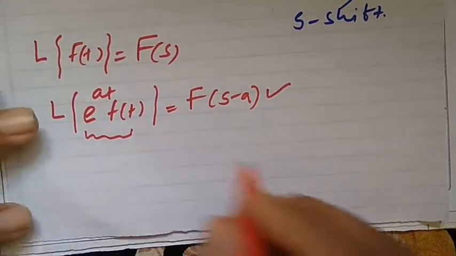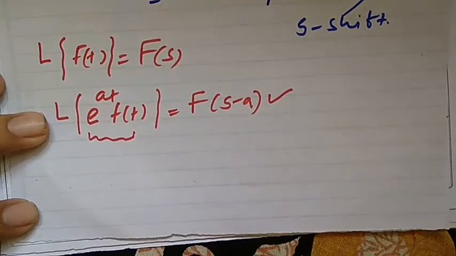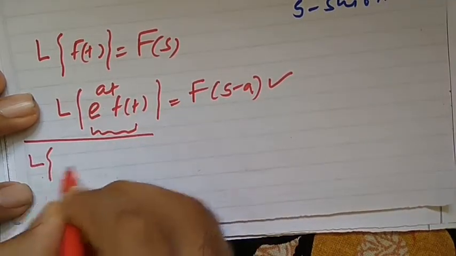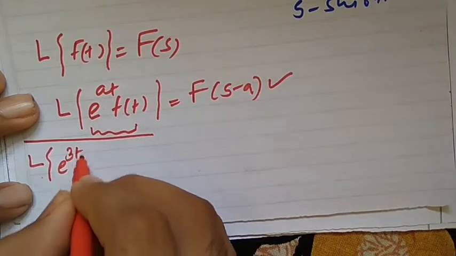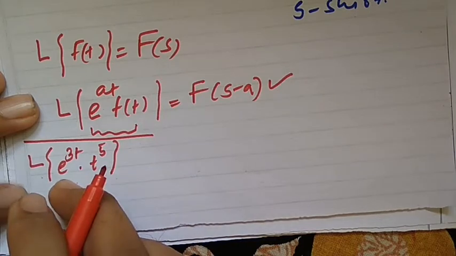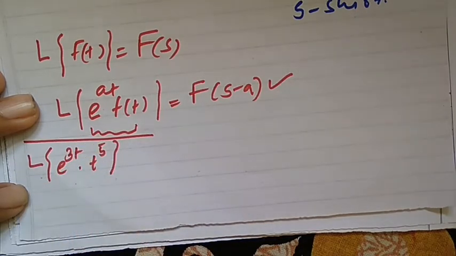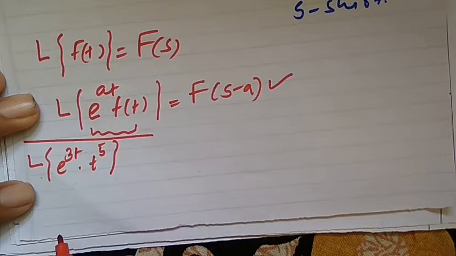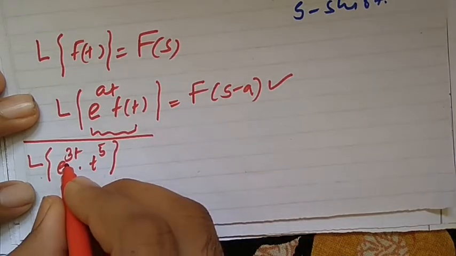Our first question: find the Laplace transformation of e to the power 3t into t to the power 5. Here our f of t is t to the power 5 and a is 3.